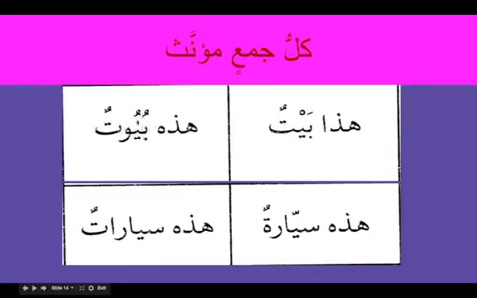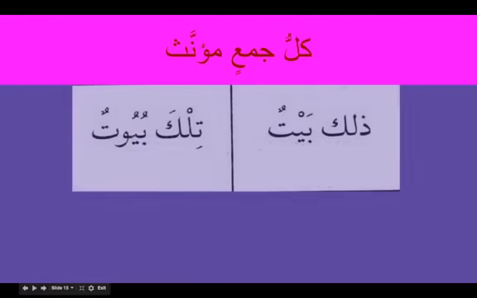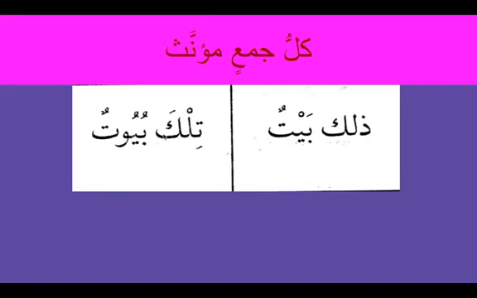Buyut is a masculine noun and sayyarat is a feminine noun. In both cases we use hadihi. And if it is zalika baytun, that is a house, we say tilka buyutin. So you say these are houses. We don't say those are houses in Arabic. We say these are houses.